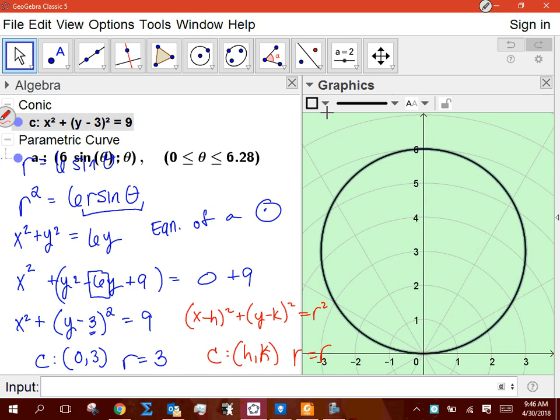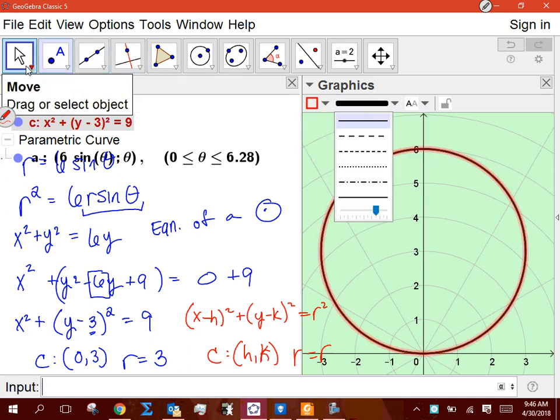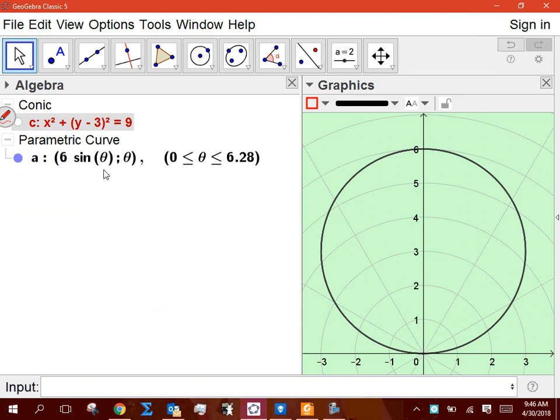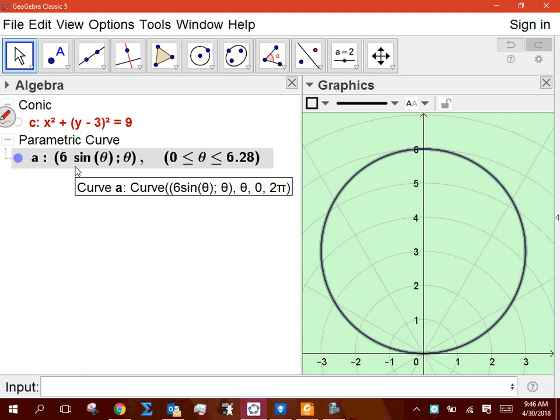And you see then again that is indeed the same circle as 6 sine theta. We might come back and show that is a very nice, concise equation, 6 sine theta.